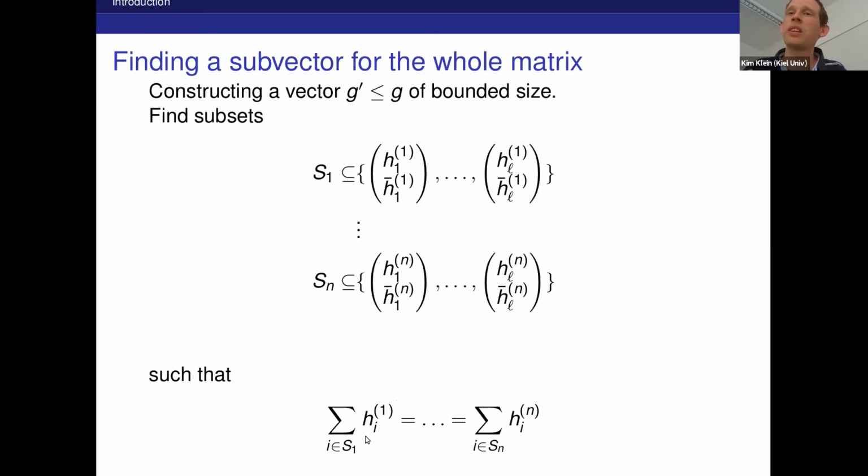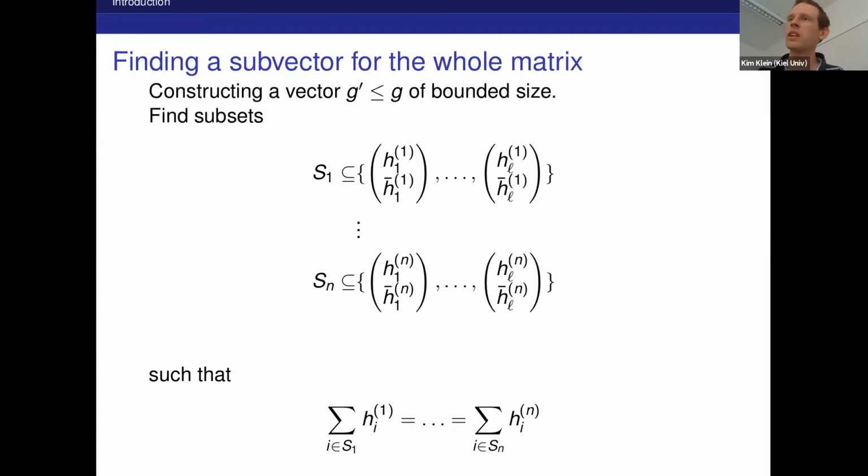We would like to find those subsets such that the sum of the upper part is all equal. And this is just what the theorem says. Remember, the sums of the upper part all sum up to g_0 anyway. So this is our assumption to use the lemma. But then we always find small subsets that also sum up to the same value. This is what the lemma states.